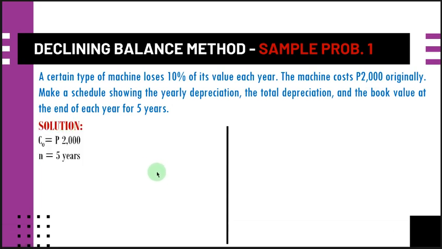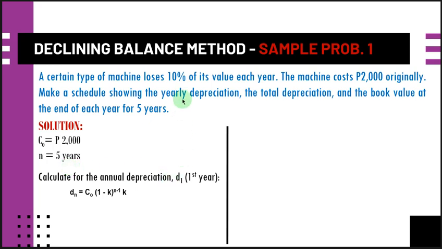Okay, so as a solution for this, we have CO equals 2,000 and n equals 5 years. First, we are going to determine this yearly depreciation denoted by small d equal to CO times the quantity 1 minus k raised to the n minus 1 times k for the first year. So we will use D1 for the first year here.